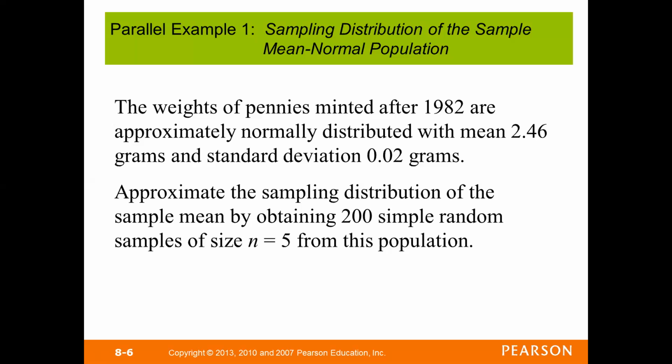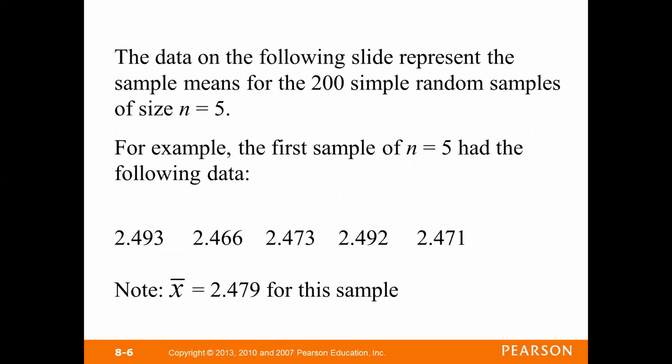We're then going to take the average of all of those to come up with an estimate of the mean of the sampling distribution of the sample mean, and we'll look at the standard deviation of that set of 200 numbers.